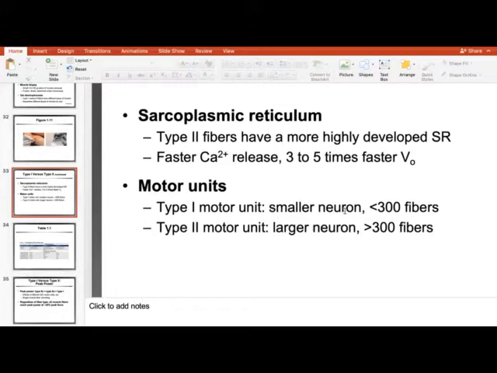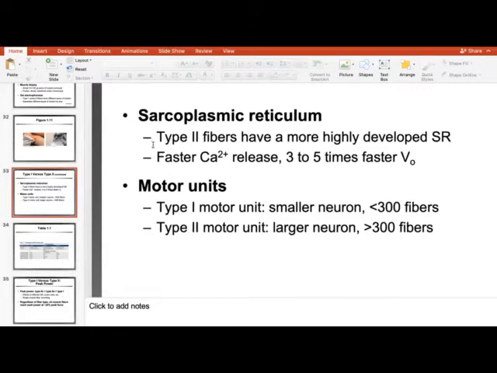So there seems to be an order of excitation from smaller to larger. Larger motor units are going to require more energy, and usually the body wants to conserve energy. So the smaller motor units are going to fire first until the intensity of the activity is higher and higher, and the need for more power is there.